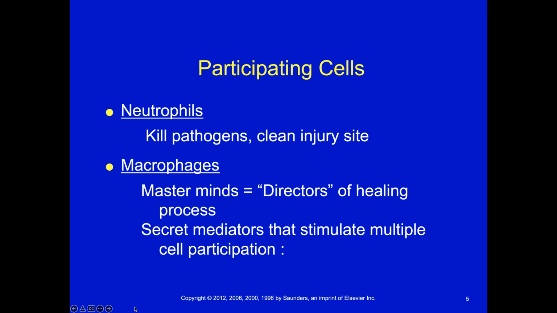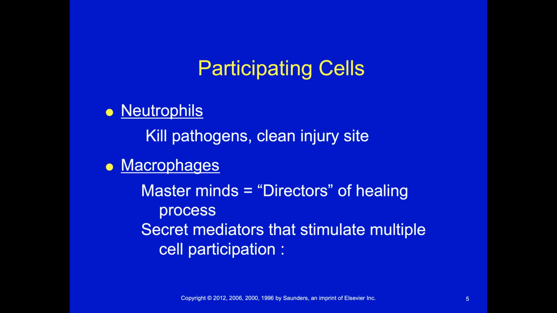So there are a number of cells involved in the process. We all know about neutrophils already. These are the first cells to arrive at a site of injury or trauma or infection. And their primary goal is to kill pathogens and to clean that injury site. We also learned about macrophages. We know that they are masterminds.